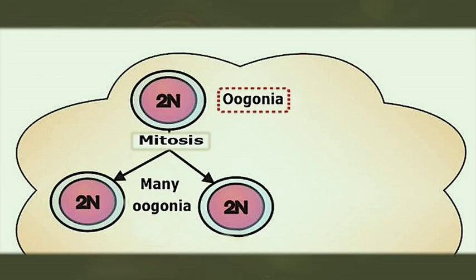The primitive germ cells divide by mitosis to form many oogonia. The oogonia divide again by mitosis to form spherical masses of oogonial cells, which occupy different places between the theca interna and the theca externa.